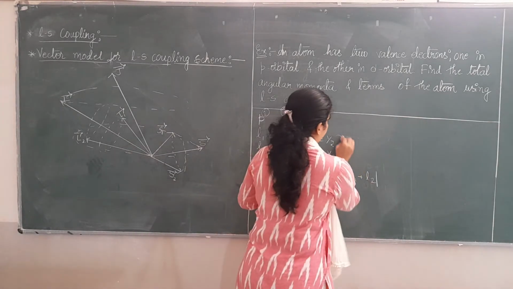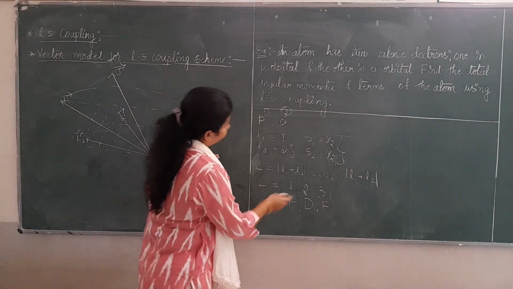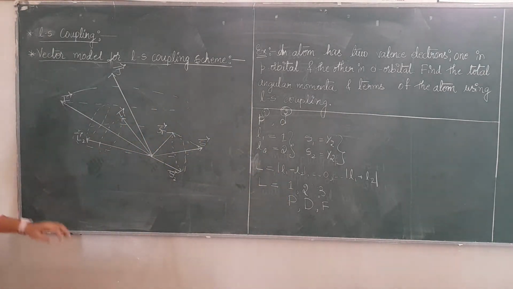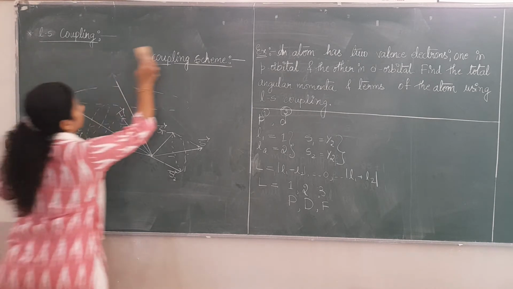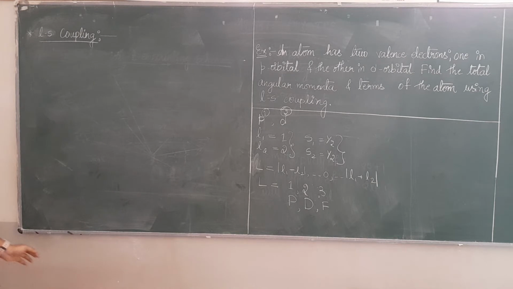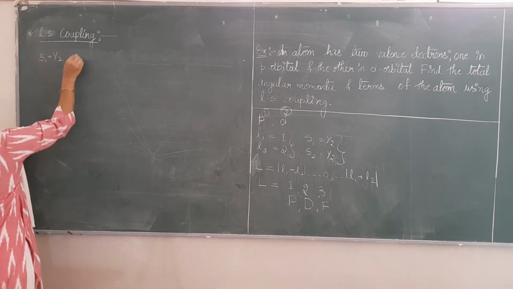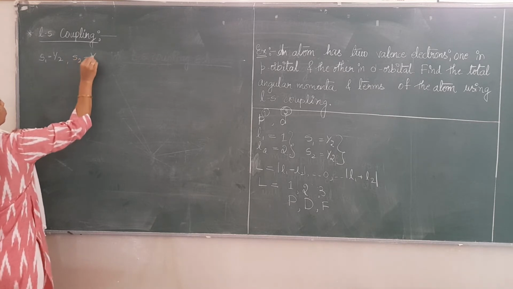Next is taking these two spins. Now S1 is half, S2 is also half.